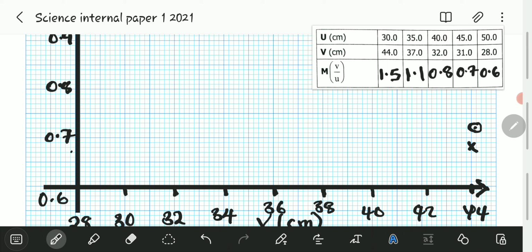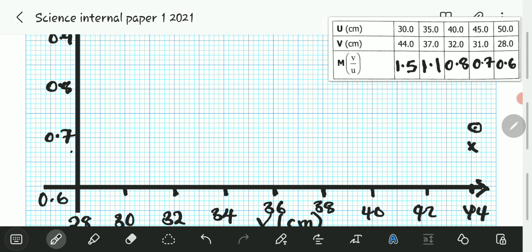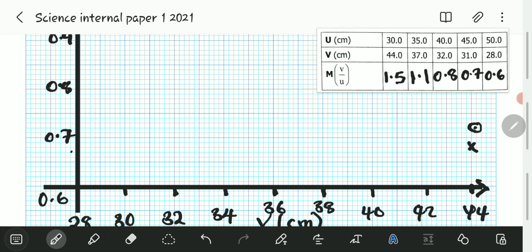So we can start. The first point is 44, 1.5, which is this one. So this will be our first point, 44, 1.5.